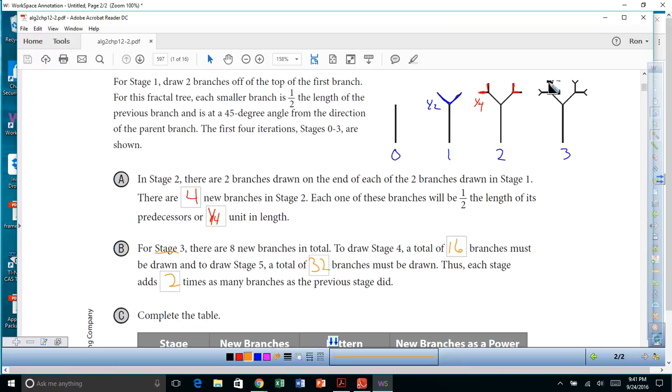So stage 3, you've got here and here, there and there, and there and there, and there and there. So that's stage 3, and then I can't draw stage 4 and 5.